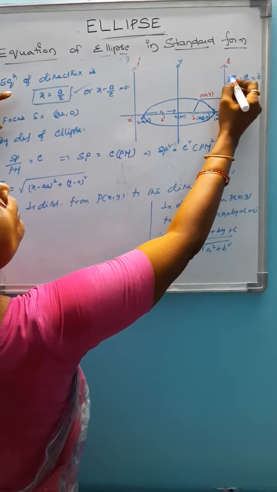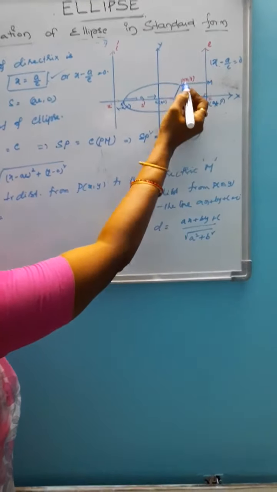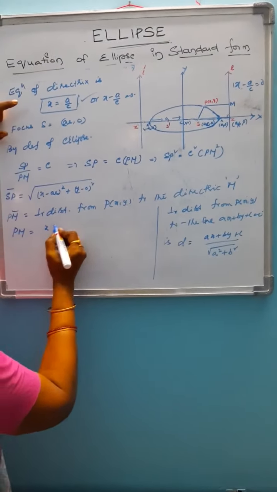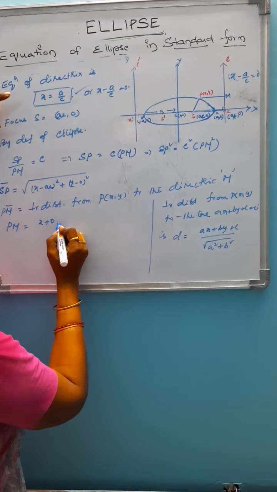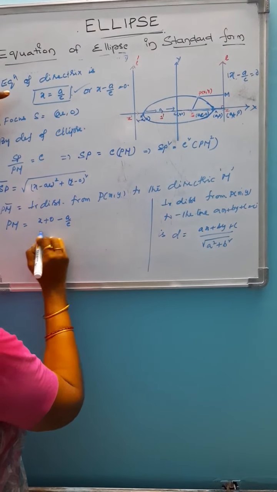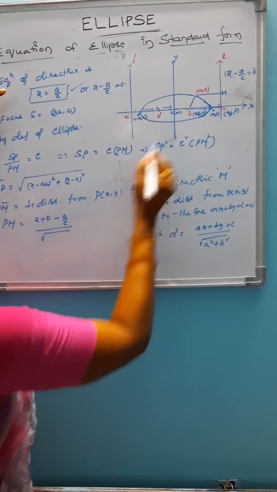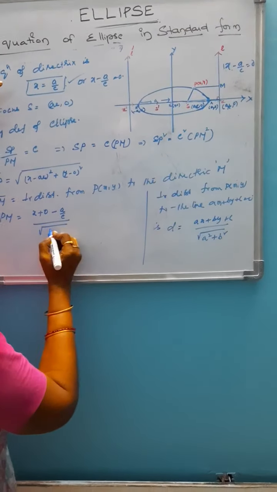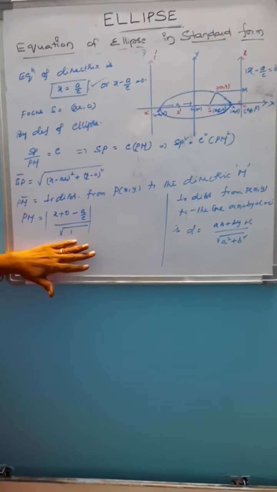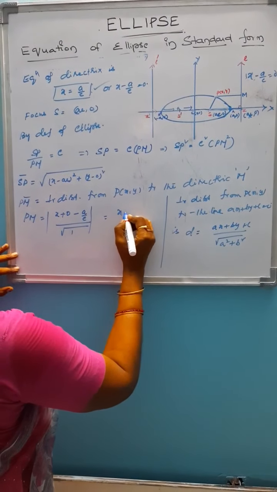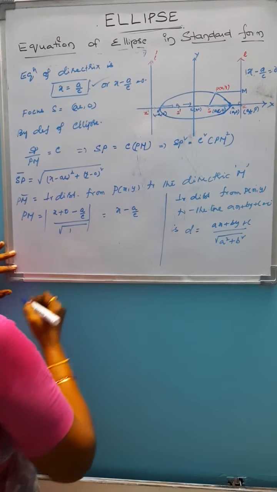What is the coefficient of x? 1. So 1 into x is x. Y coordinate is 0, so plus 0. C is minus a by e, whole by square root of 1 square plus 0, that is 1, mod of this, because distance is always positive, that is x minus a by e.